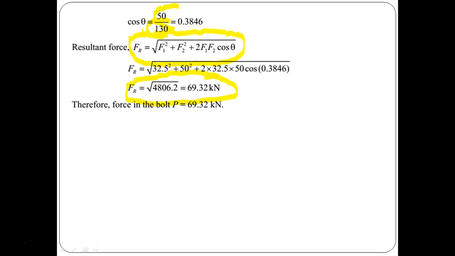From there we can easily calculate the resultant force, Fr, which is equal to the force in bolt P. For that we require the horizontal distance between bolts, the vertical distance between bolts, and the load which is subjected on the bracket. From that we can solve this kind of question.